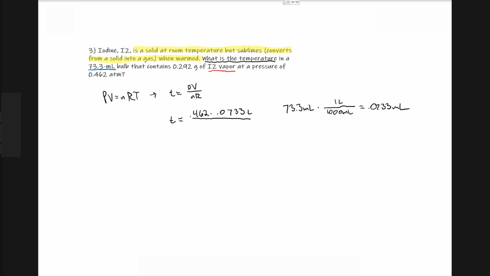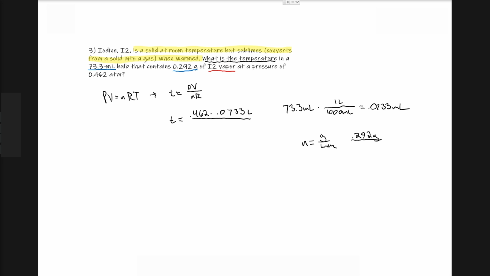And then down on the bottom, we need our number of moles. Now, they don't directly give us our number of moles, but we have right here number of grams. And remember, number of moles is equal to grams over molar mass. So in this case, we have 0.292 grams. And the molar mass of iodine vapor, you get that off the periodic table.